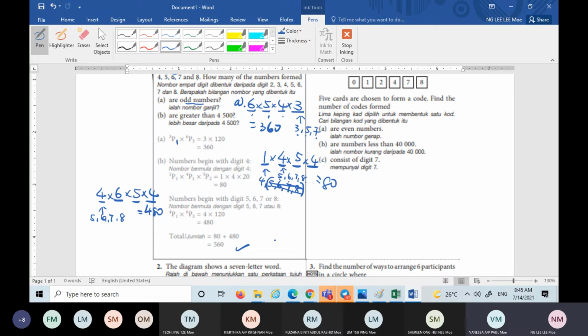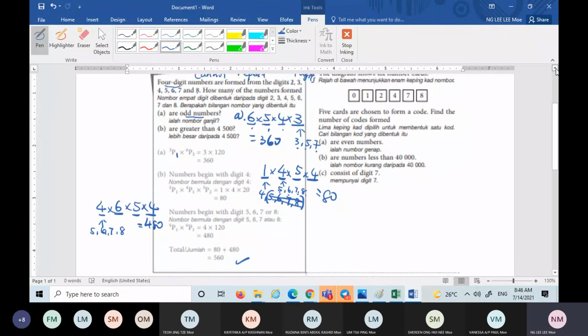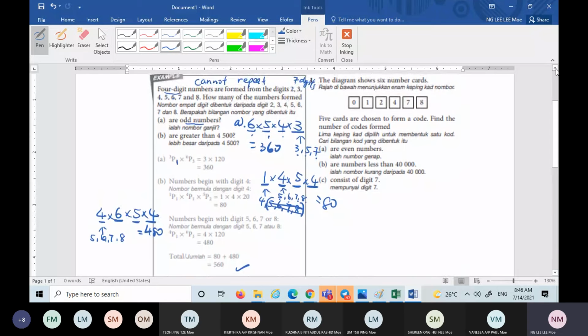If you have no question to ask me, the next question I will ask you all. Okay, now we do the first question. The diagram shows 6 number cards.